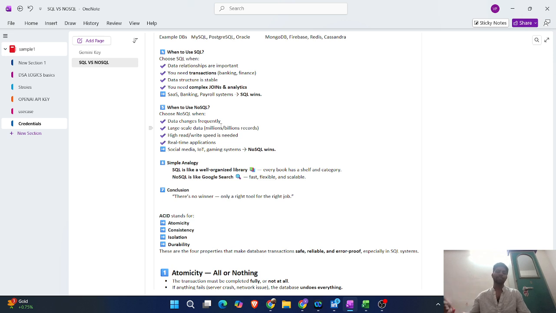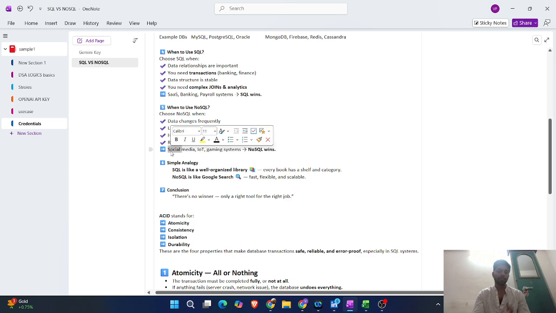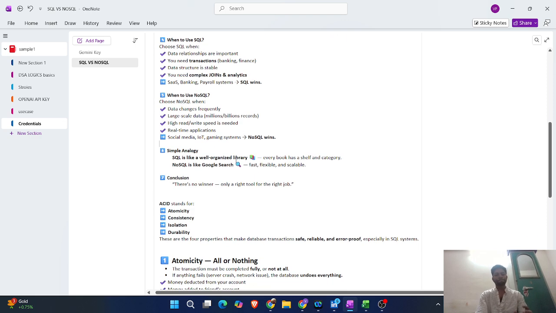So it's completely, dynamically scalable. You don't know when it will happen, but in those scenarios you can go for NoSQL. When there are billions of records, at that time you have to go for NoSQL. That's why whenever you are creating a social media application, the best choice is NoSQL.